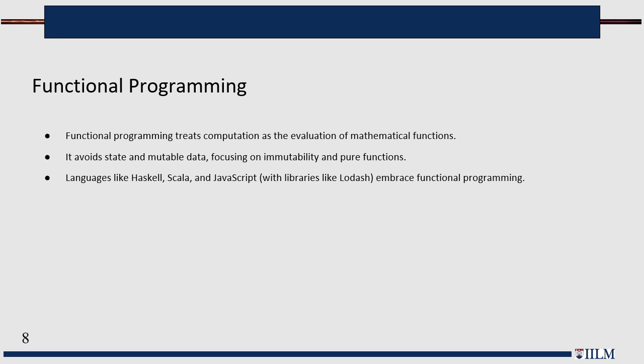So it is about what the program should achieve rather than how it should be achieved. So functional programming means a block of code. We need to write the code inside a block and that block should be run to get the program output.